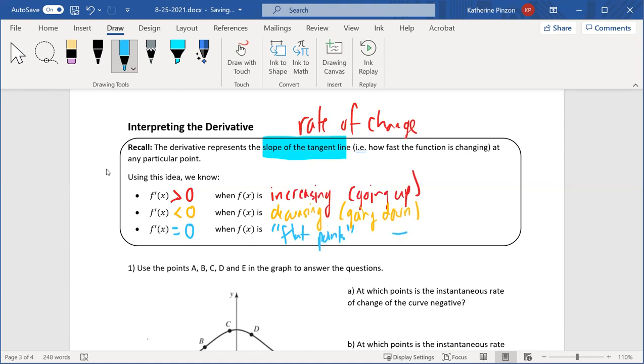Really what you're going to think about is it could be flat like this. It could be up here at the top of a hill or down here at the bottom of a hill. You see at the top of a hill or the bottom of a hill right there, it changes from increasing to decreasing or decreasing to increasing. If you change from increasing, a positive derivative, to decreasing, a negative derivative, you have to go through 0 to get there, right?